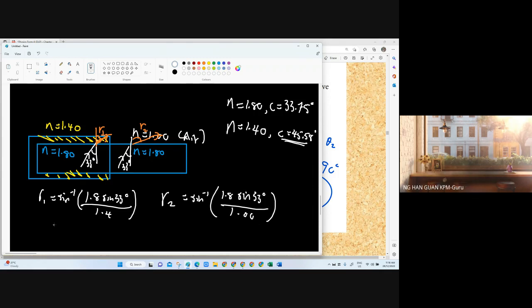Okay, so the case here is multiply by 1.8 divided by 1.4. This one, you will have the deflected angle 44.45 degrees. And if without the outer cladding, the R angle will be 78.62 degrees.